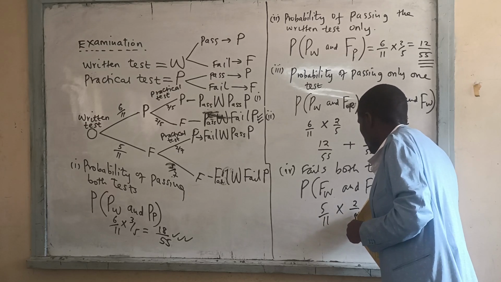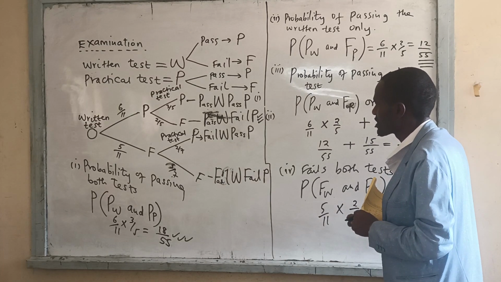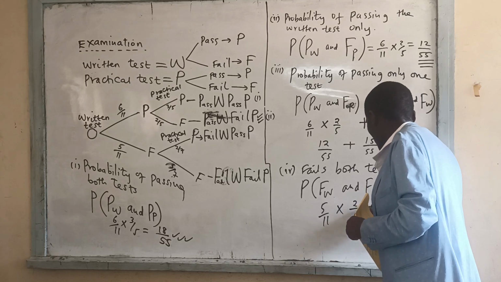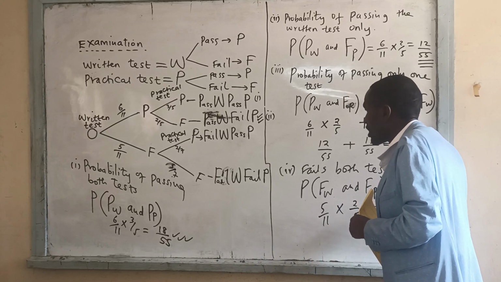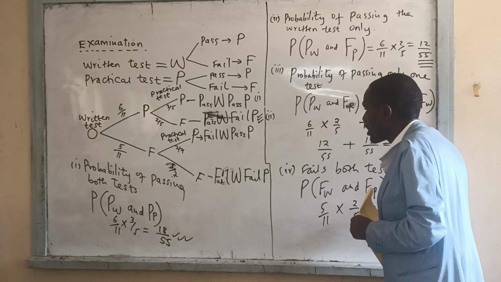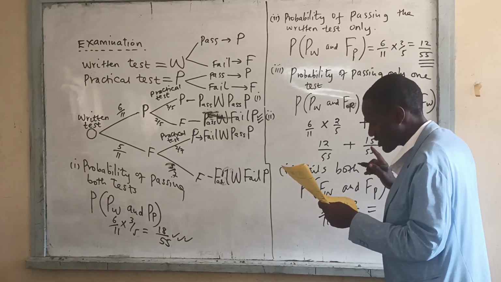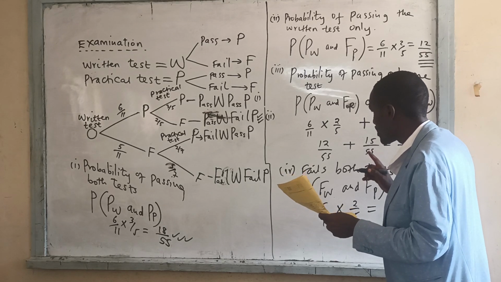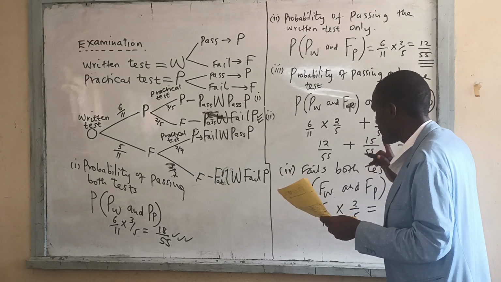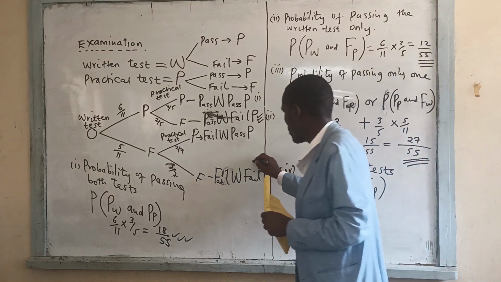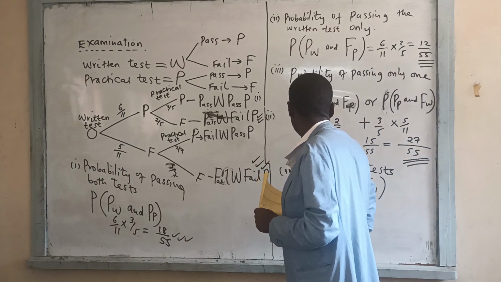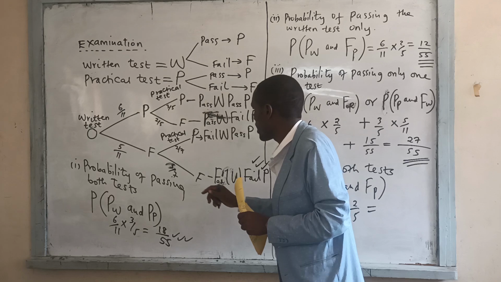Correct. So for failing both tests, fail the written test, fail the practical test. This is the option you can use.